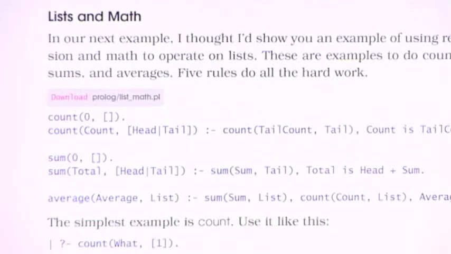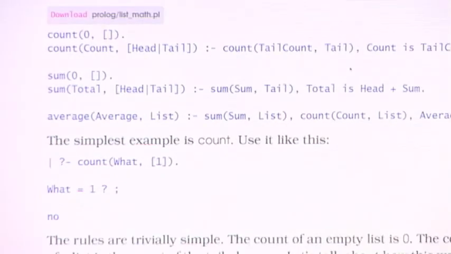So, looking at recursion against lists, one of the important things to remember is on any recursive or tail recursion system, you have to define what your termination point is. So in this case, they're defining the rule count, which says that the count of an empty array is 0.